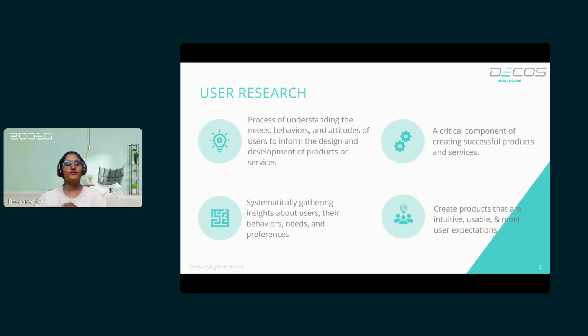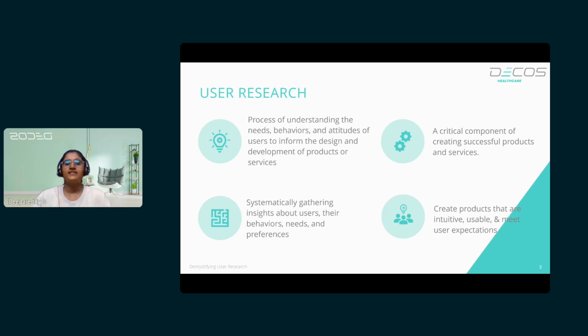So before we go further into the webinar, let us understand what user research is. User research is the process of understanding the needs, behaviors, and attitudes of users to inform the design and development of products or services. It is a critical component of creating successful products and services.